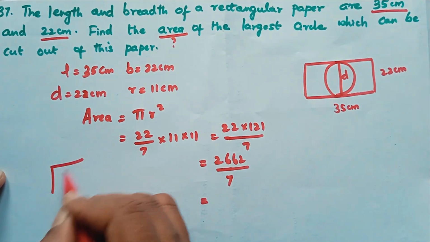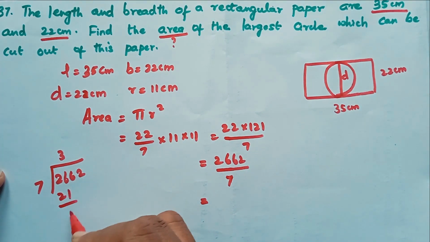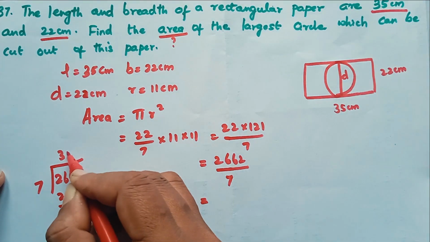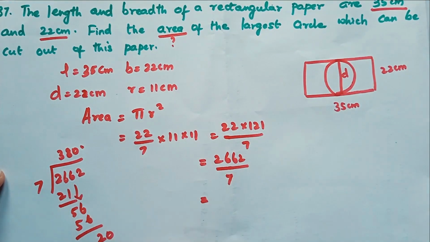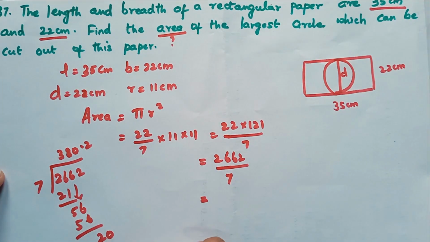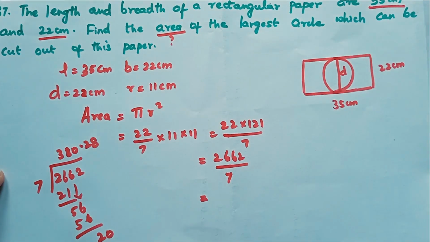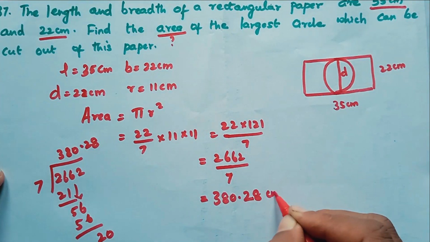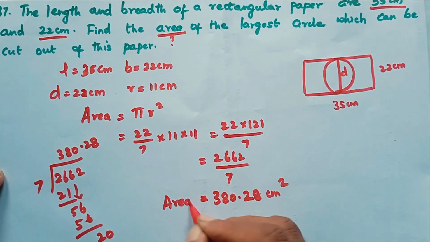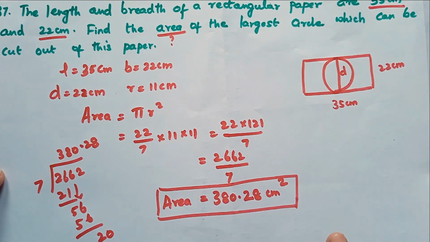When you divide 2662 by 7, 7 threes are 21, remaining 5, 56, 8 times is 56, bring the 2 down, 2, 0, again 0 here, point, 2 times is 14, remaining 6, 0, again 8 times is 56. So we will get 380.28 centimeter square. This is the area of the circle. This is the answer for the above question.